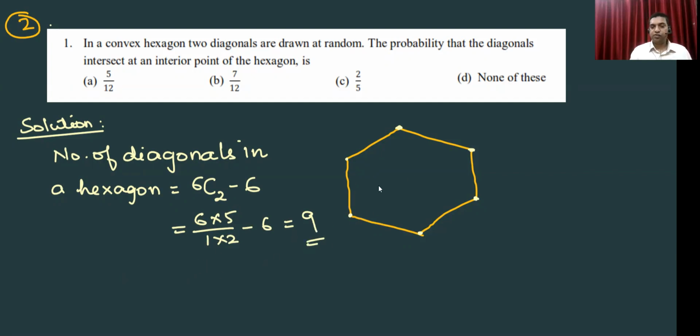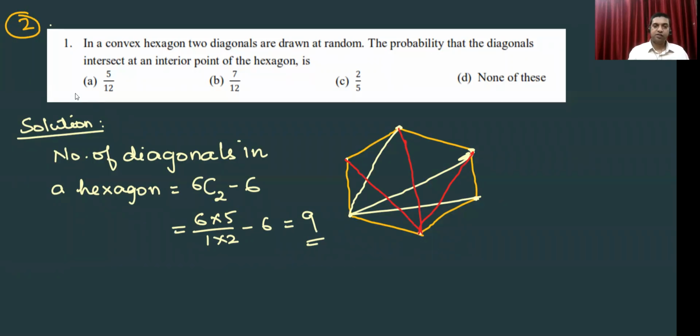So you can see that 1, 2, 3. Now from the second vertex, 4, 5, 6.